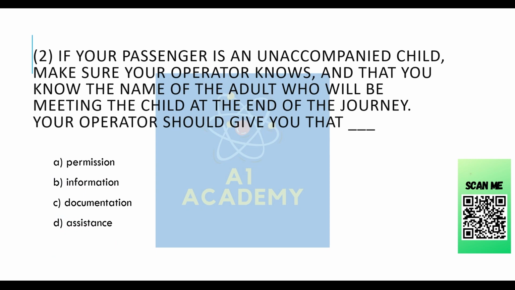Question 2. If your passenger is an unaccompanied child, make sure your operator knows and that you know the name of the adult who will be meeting the child at the end of the journey. Your operator should give you that blank.